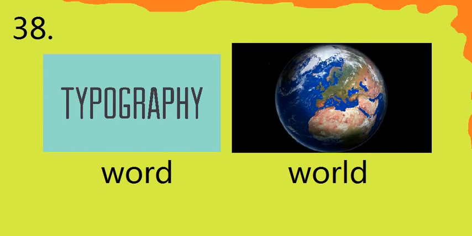Next we have word and world. This one is very difficult. So a word, just chosen any random word there as an example. World, another word for planet Earth. The L in world is almost silent, but it changes the overall sound a little. Word, world.